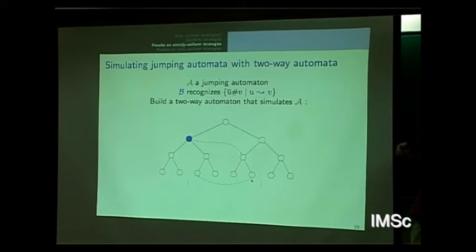So let's say that it was an existential quantification. So you guess in which direction you send your automaton, and you try to find a related node.